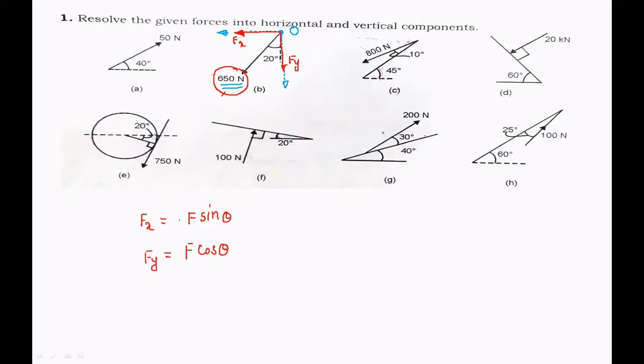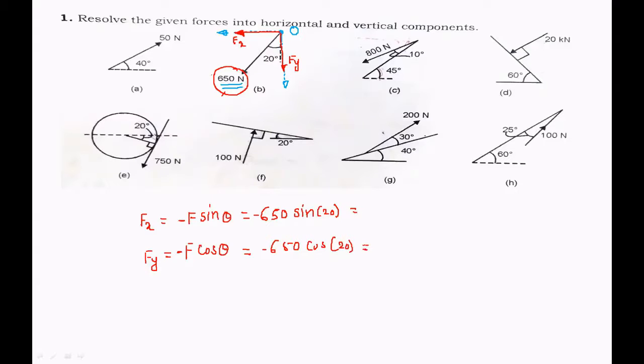So fx is minus and fy will be minus. Now put the given values. F is given, that is equal to 650, and angle theta is equal to 20 degree. This is minus, and second, minus 650 cos 20.